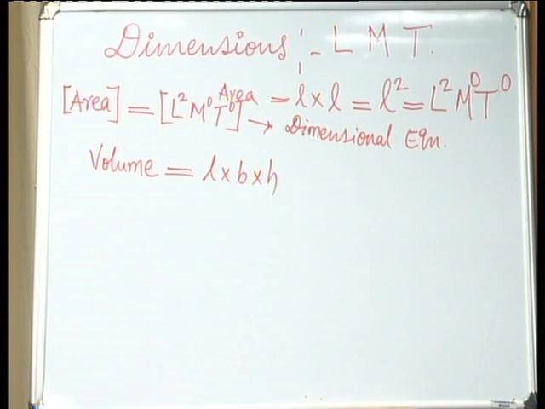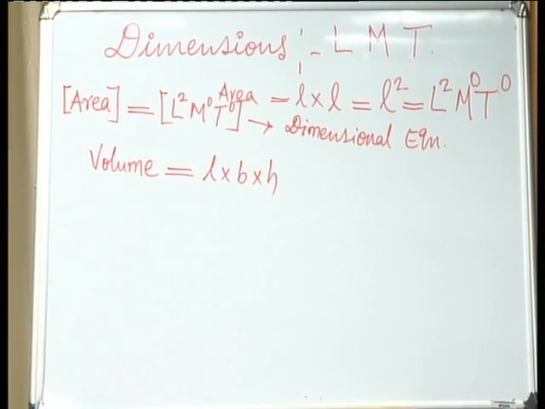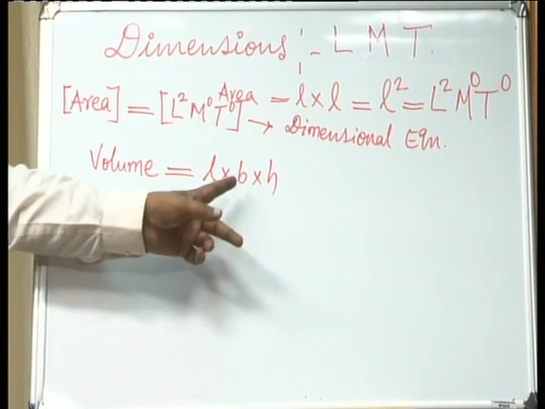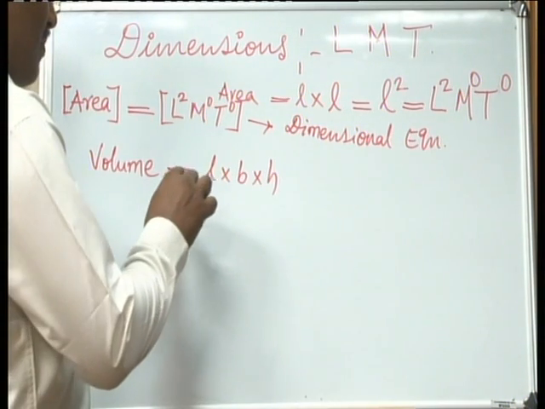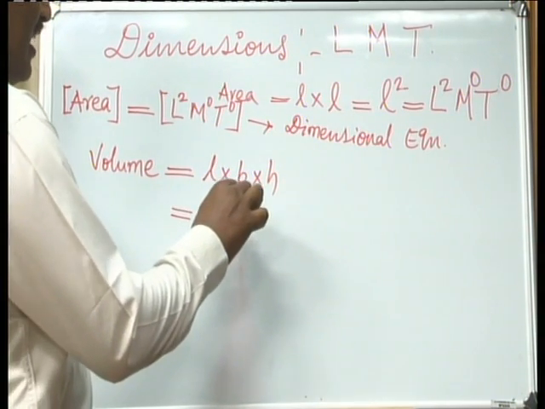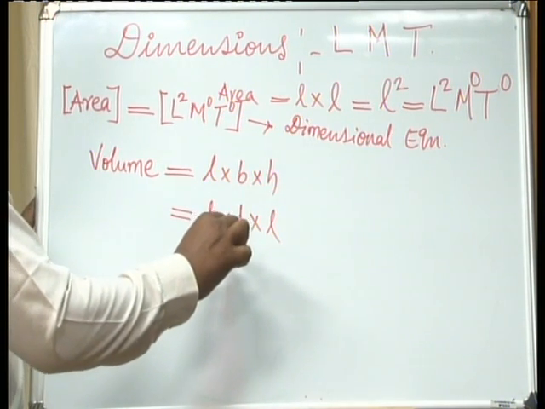Write down the definition on the right hand side using the fundamental quantities only. Length is a fundamental quantity. Breadth and height are different forms of the length. Therefore, it is ready in the form of a fundamental quantity. It is L into L into L. It is simply L cube.